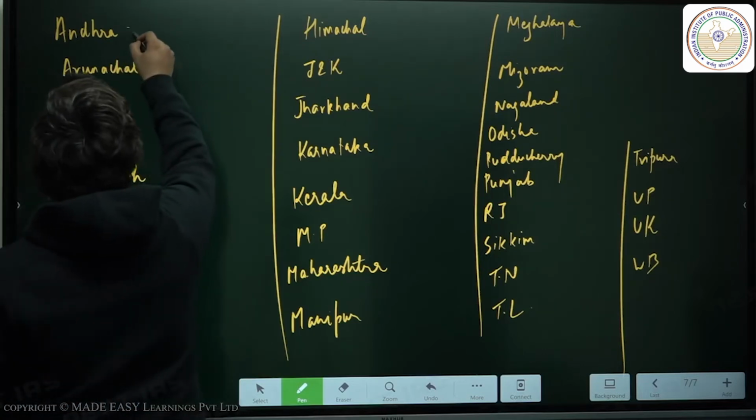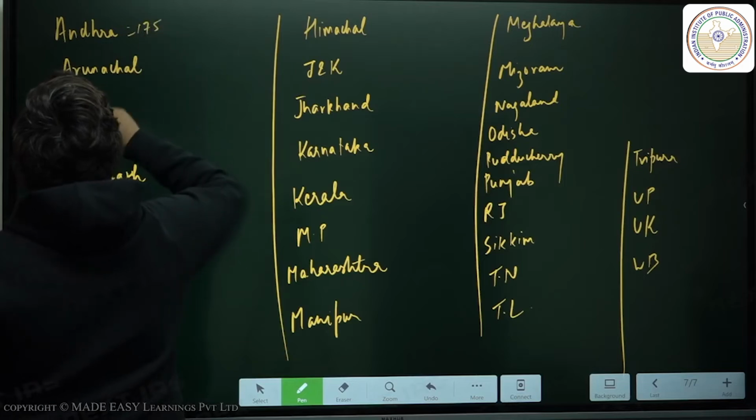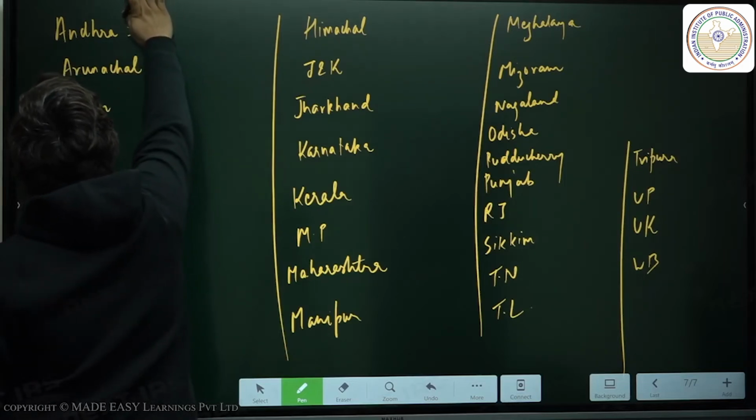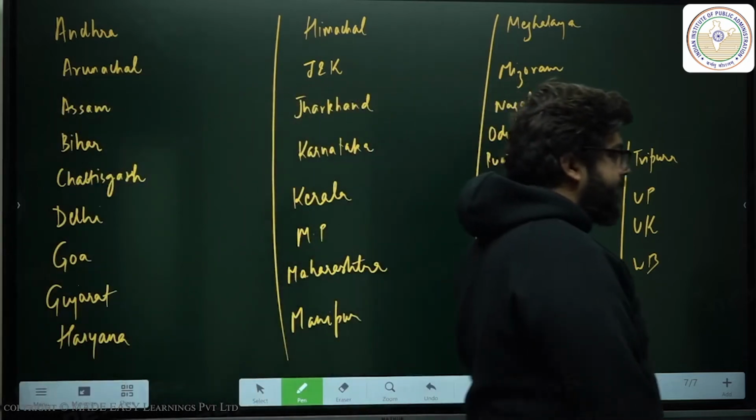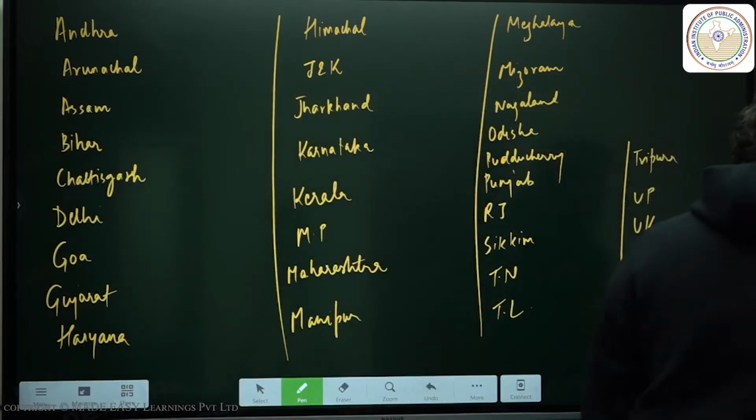Andhra Pradesh has 175 MLAs, ठीक है। तो इन सब का करते हैं हम इसे, ये समझ में आ रहा है? Understood?